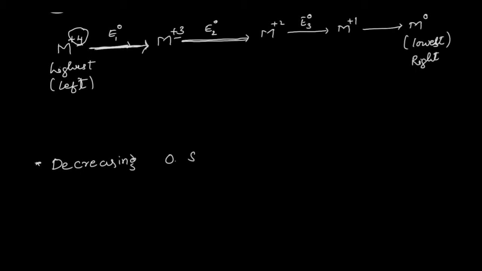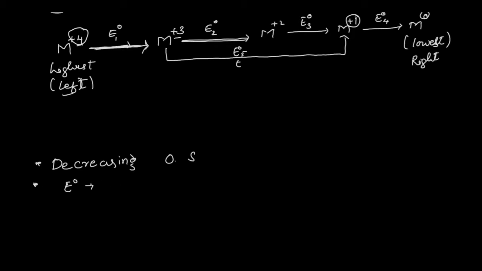The conversion of M+1 to M0 is written as E0 4. If you want the reduction potential for the conversion of M+3 to M+1, it can be written as E0 5. Like this, you have to write the Latimer diagram.